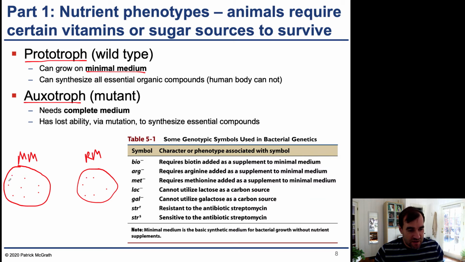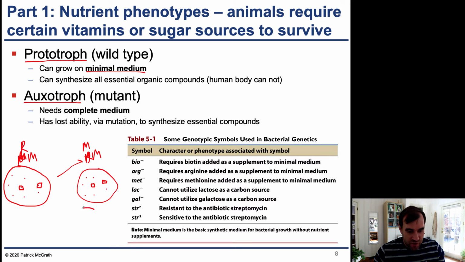This should be rich media, and this should be minimal media. There are 8 different individuals that are able to grow if you supply it with everything. But 2 of these individuals are unable to grow on the minimal media. There's not a colony in the right place right here. And so what that means is that these individuals lack some sort of gene that is essential for life.